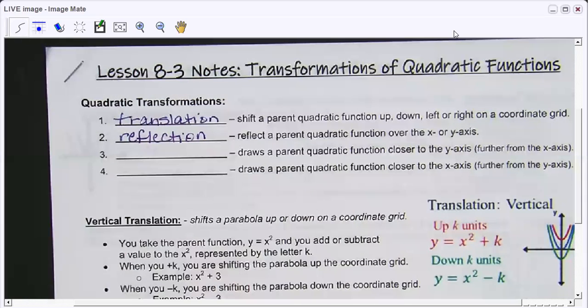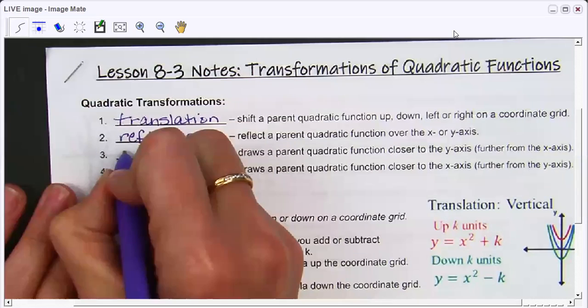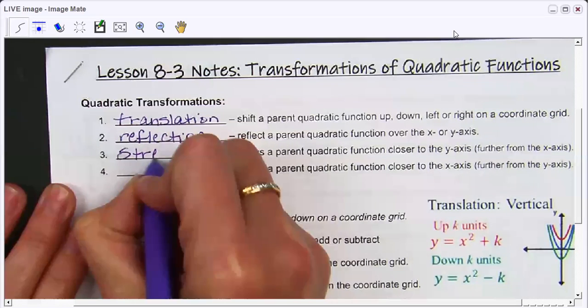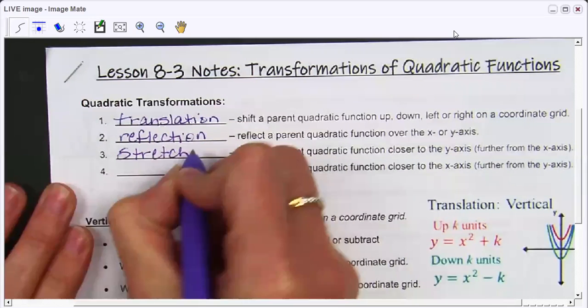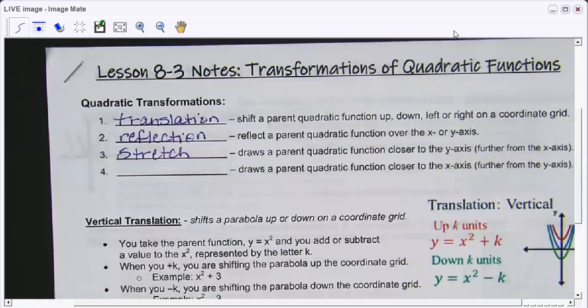It draws a parent quadratic function closer to the Y axis. This is called a stretch. The way that I can explain this is when we ordered our equations from narrowest to widest, we found that the narrowest parabola had a larger a value, right?